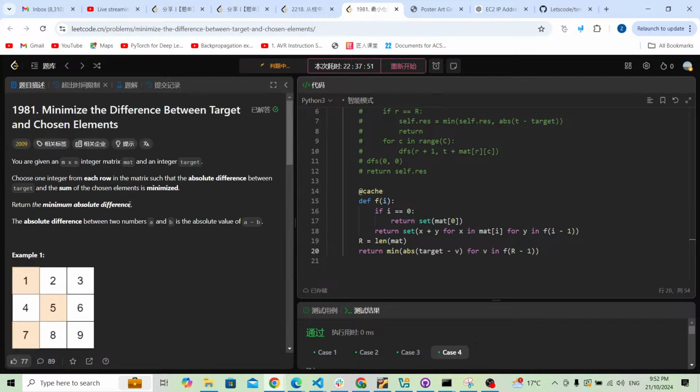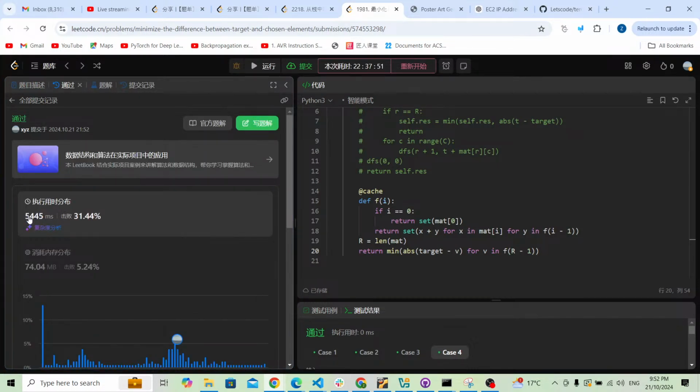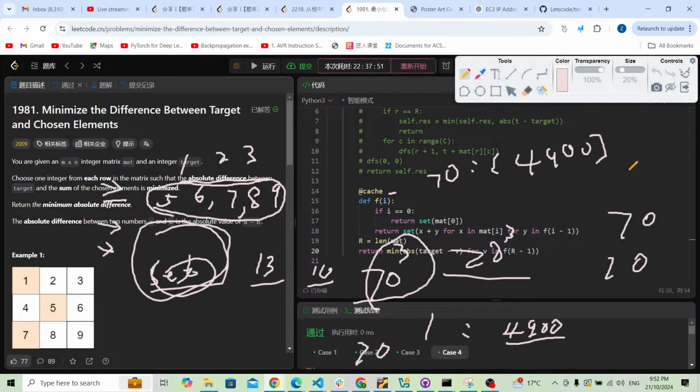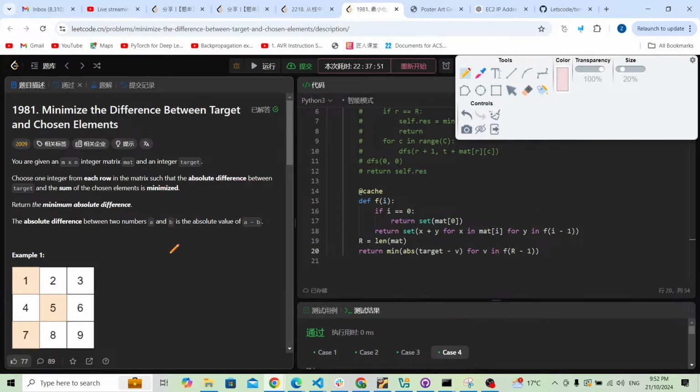Now let me submit it to check if it works. As you can see it works, although it takes about 5 seconds, but it is okay. Because for this problem the time complexity is going to be 70 to the power of 3, because I, the number of rows, is going to be 70. And for the set, what is the maximum size inside the set?